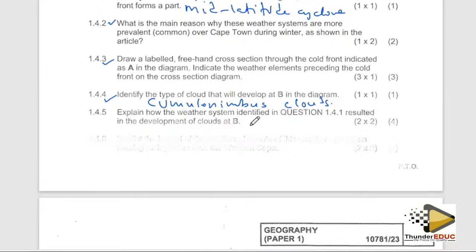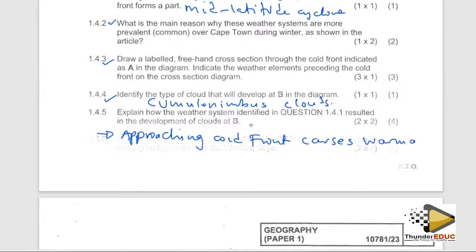So we could say, approaching cold front causes warm air in the warm sector to rise up.